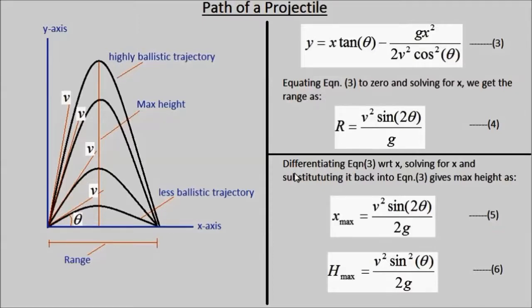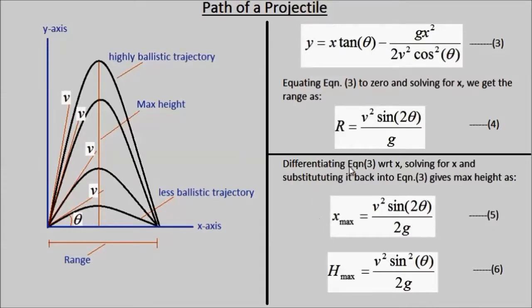Now to get the maximum height: the maximum height occurs at half the range, as we can see from the symmetry of the diagram. This is also what we observe when we make the calculation with the equation of the projectile. The max height occurs where dy by dx is 0.